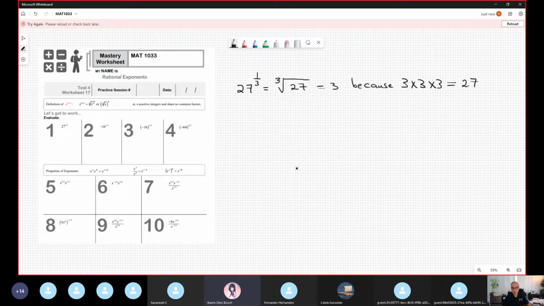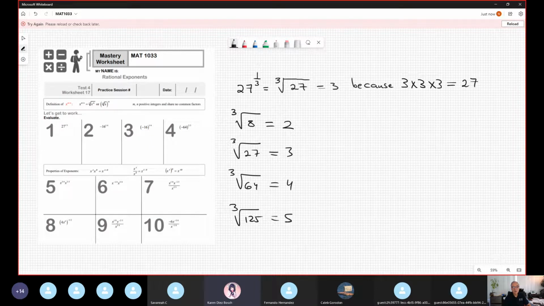For example, cubic root of 8, cubic root of 27 is 3, cubic root of 64 is 4, and cubic root of 125 is 5. At least I know these by memory. The rest, no, so you put it in a calculator. But it's useful, I suppose, to memorize some.